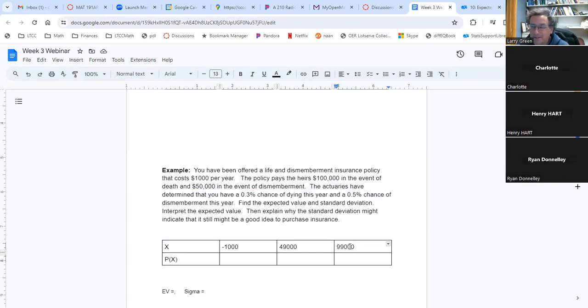So that's a profit of 99,000. What's the probability of 99,000? And the hint is it's not 0.3. Yeah, it's 0.003. Don't forget, you've got to move the decimal over 2 places every time you see a percent. What's the probability of the 49,000?